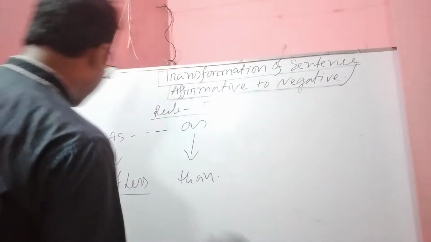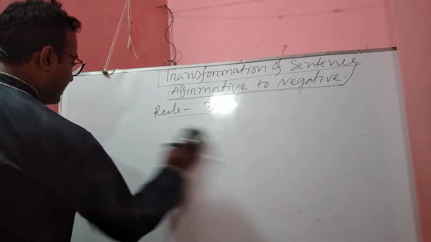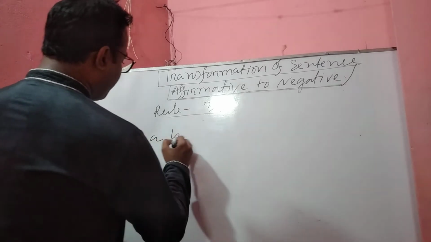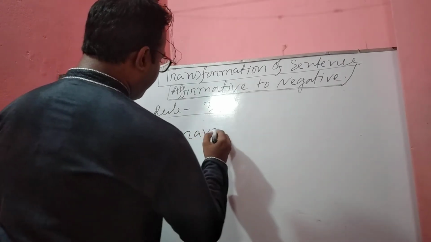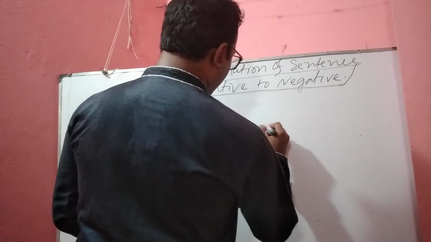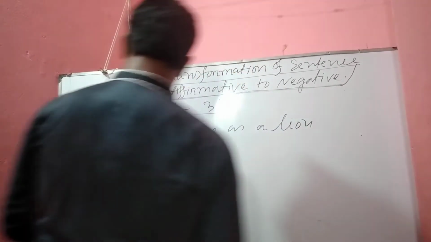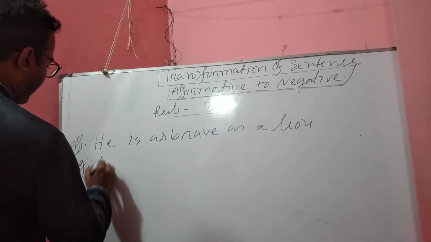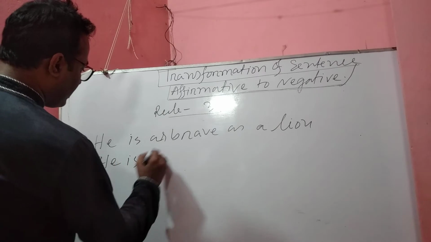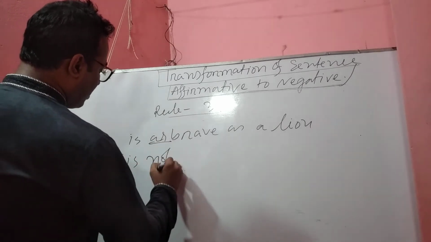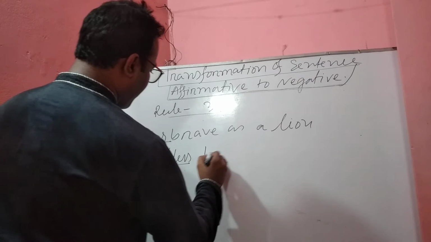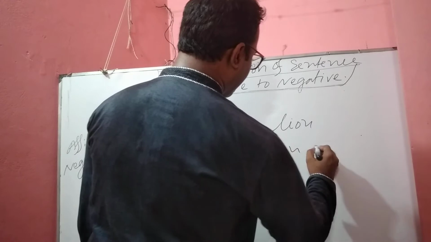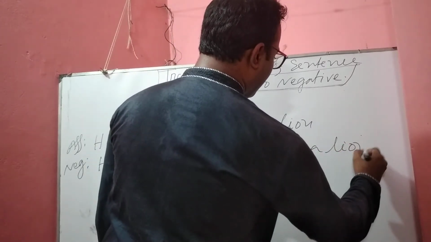Now take an example: He is as brave as a lion. That is affirmative. And the negative form of it: He is not less brave than a lion.